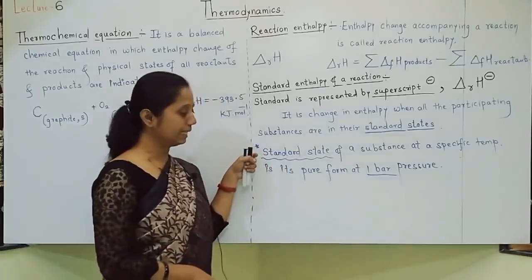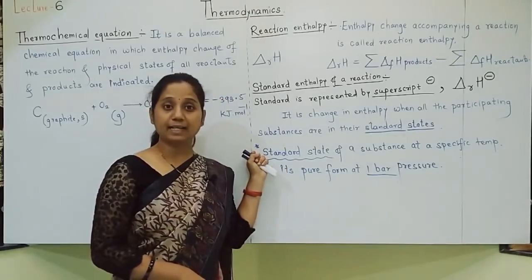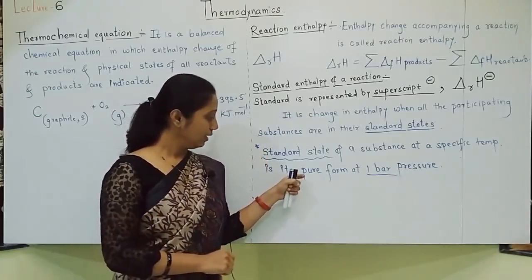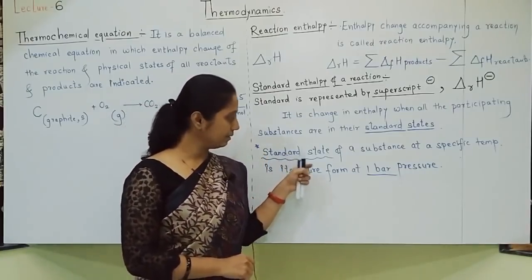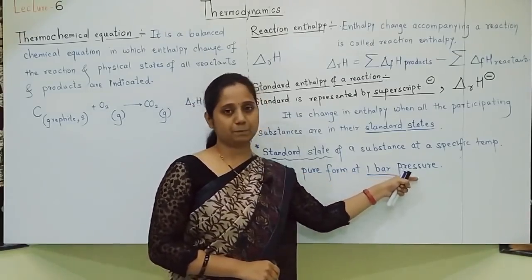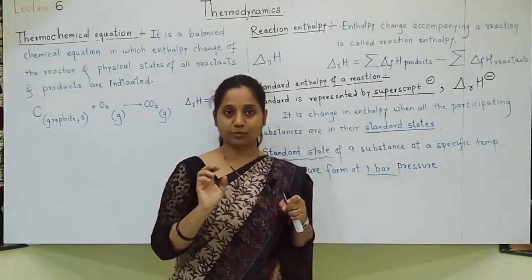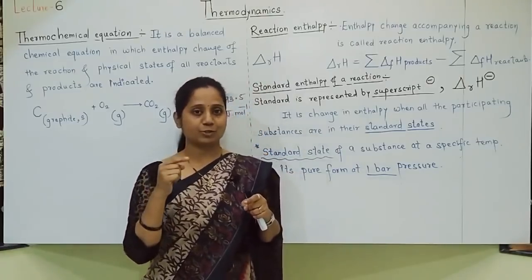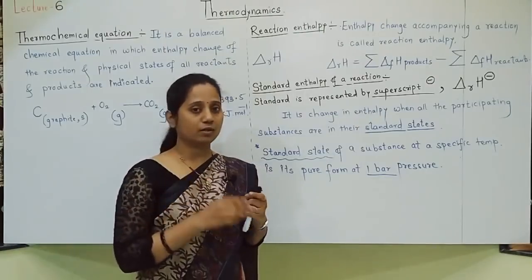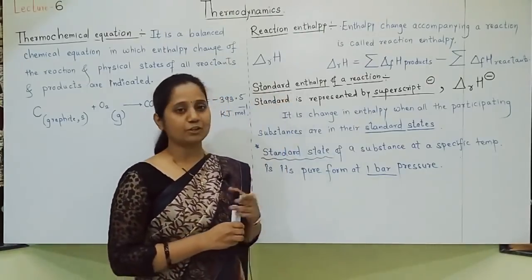But whenever you are writing any definition regarding standard enthalpy, you must mention that it is a standard form at 1 bar pressure. Understood well? This is what we are going to write in all the further definitions. Okay, so what is standard enthalpy of reaction, students?